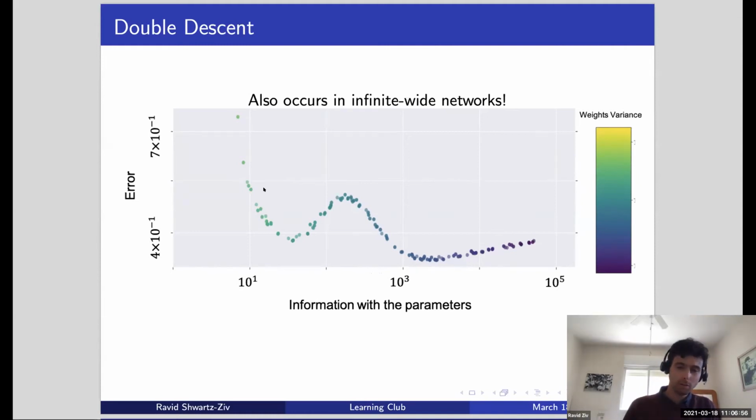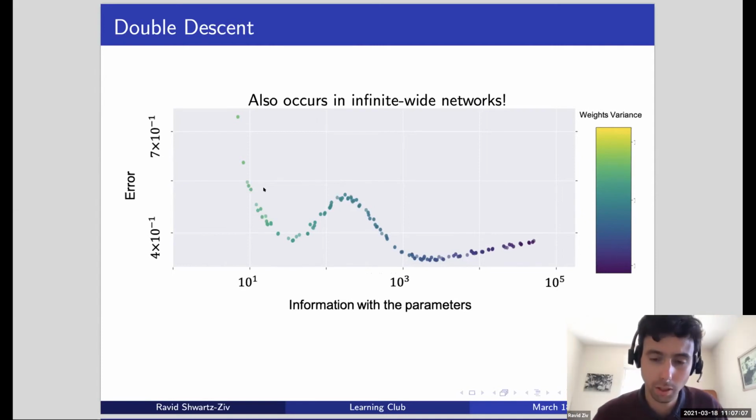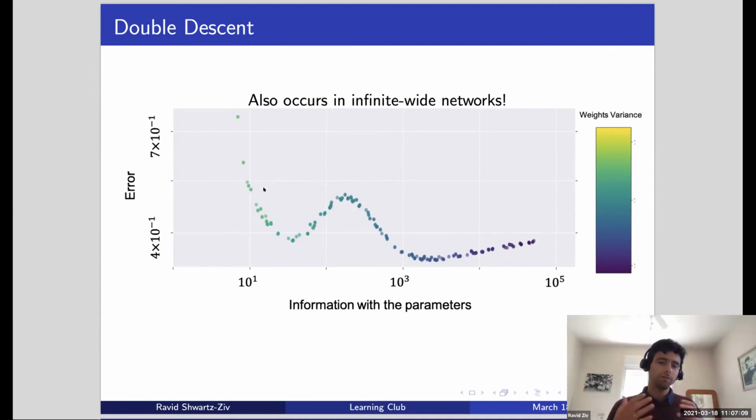And you can see here again that we see something similar to the double descent, that the error goes down, then goes up, but then it goes down again, okay? And it's very surprising because we have here an infinite number of neurons, okay?